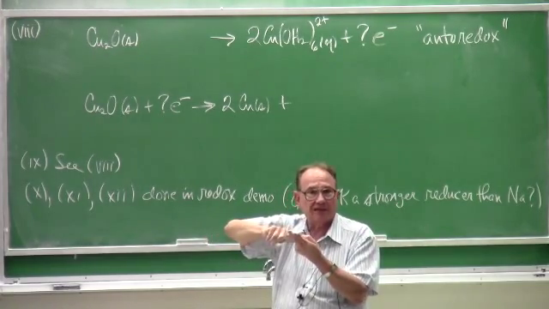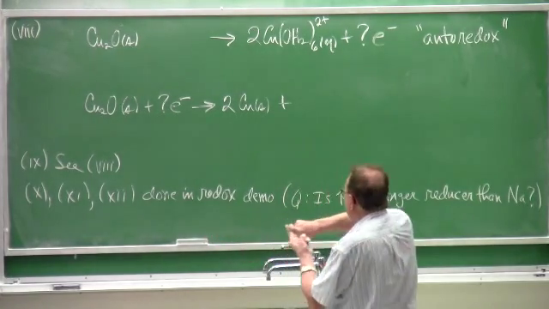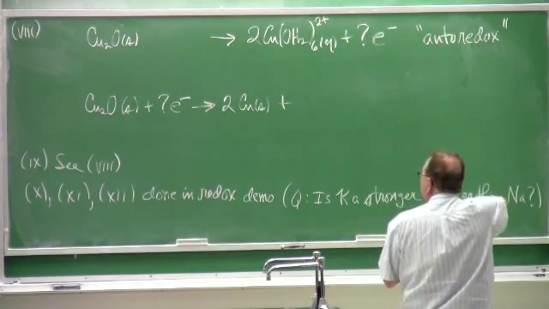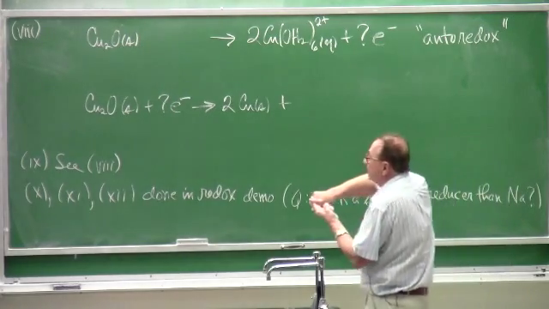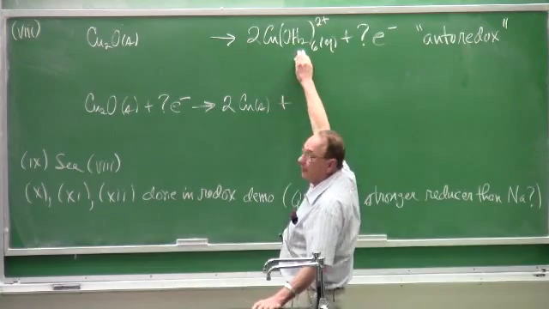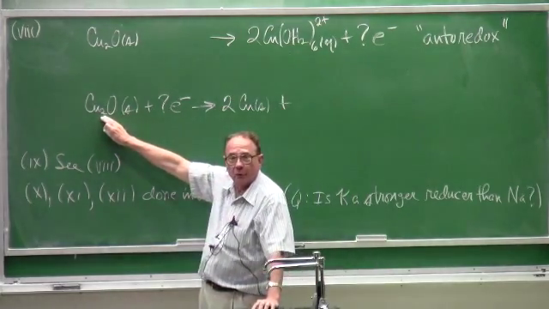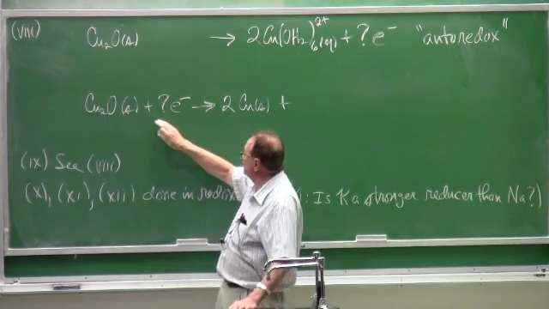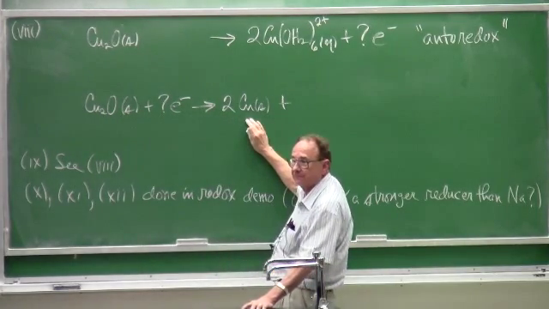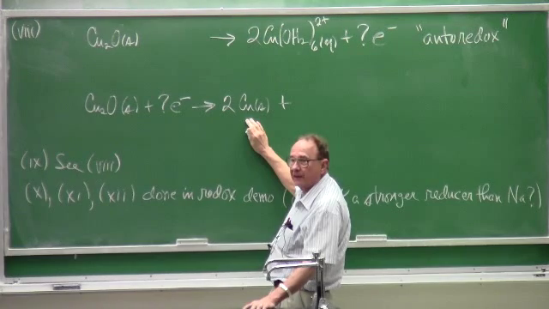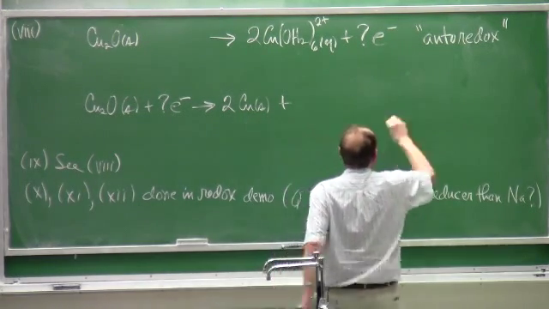In this system, copper 1 oxide, call it cuprous oxide, is being oxidized to hydrated copper ions, while cuprous oxide is being reduced to copper metal. And all this is taking place in 1 molar sulfuric acid solution.